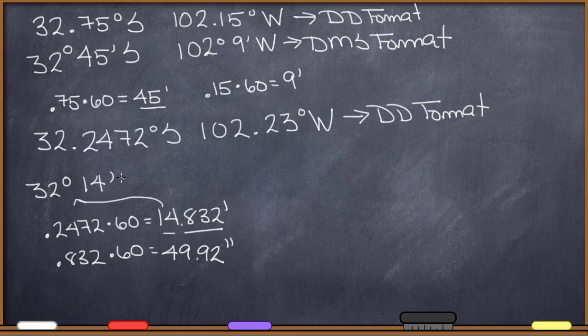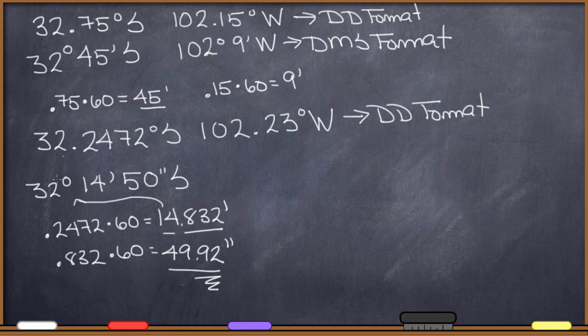Maybe we could just round it off depending on the application that we've got to say that's going to be 50 seconds south, or sometimes you might have the seconds reported with a decimal number depending on the precision, depending upon the accuracy, depending on the number of significant digits and so forth that you are reporting your coordinates to.